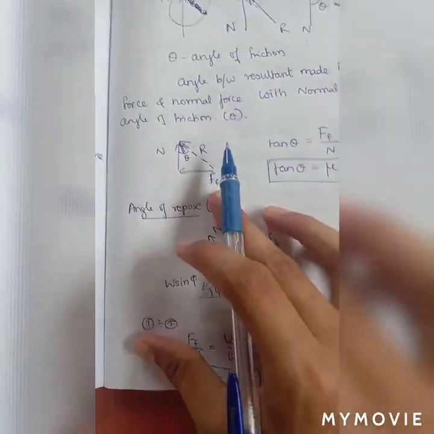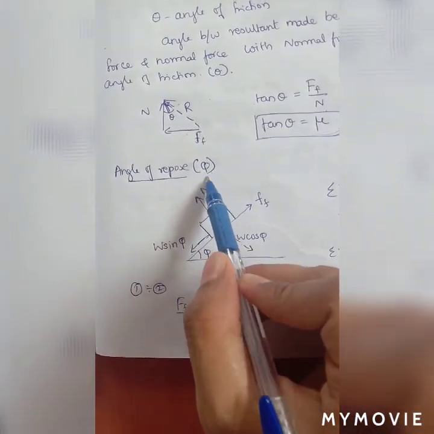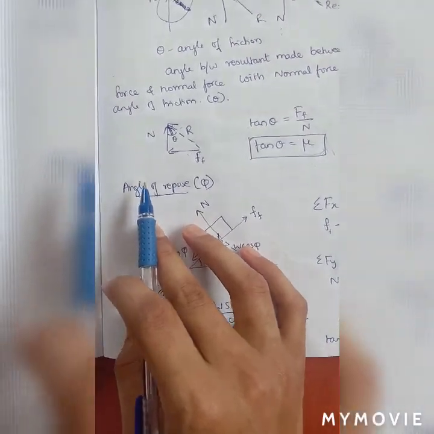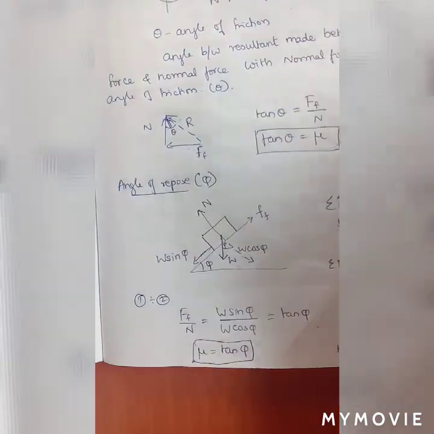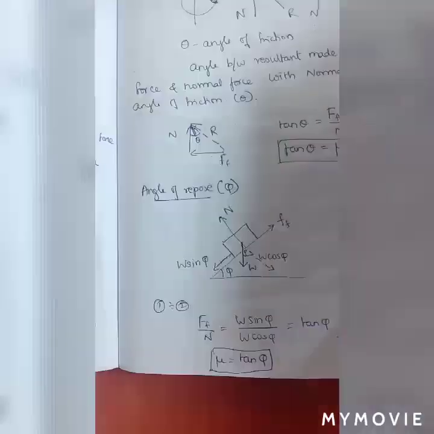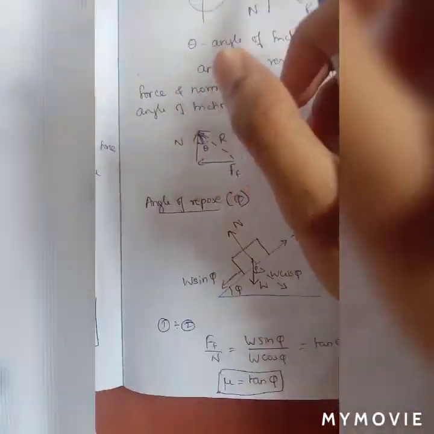So the next angle we are going to discuss is the angle of repose, which is termed phi. What is called the angle of repose? Up to now we have discussed a horizontal plane or surface over which a body is placed.